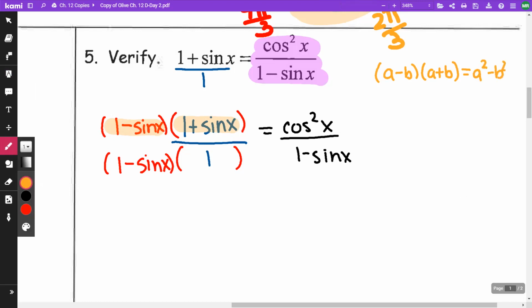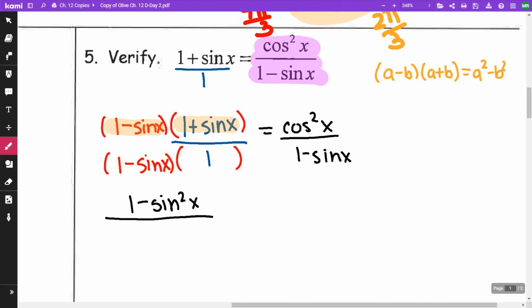So 1 minus sine x times 1 plus sine x, I am going to get a 1, because 1 squared is 1, minus sine squared x. That's what I'm going to get. On bottom, I'm going to have a 1 minus sine x, equal to cosine squared x over 1 minus sine x.